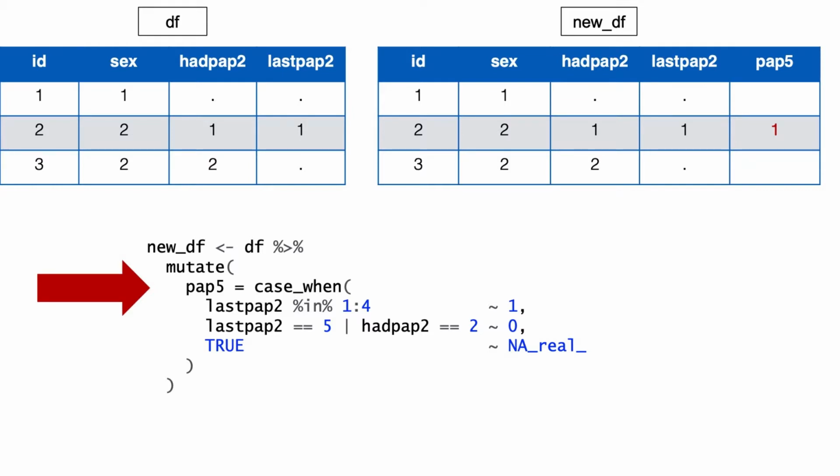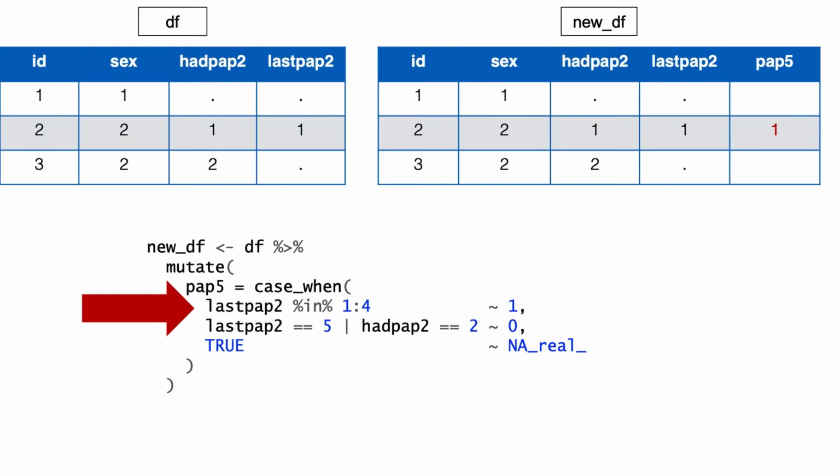Inside this mutate function, we're creating a new variable called PAP5. We are using the case_when function to tell R that the value of PAP5 will depend on, or be conditional on, the values of last PAP2 and had PAP2. In this first conditional statement, we are telling R that whenever last PAP2 is equal to 1, 2, 3, or 4, then we want the value of PAP5 to be 1.